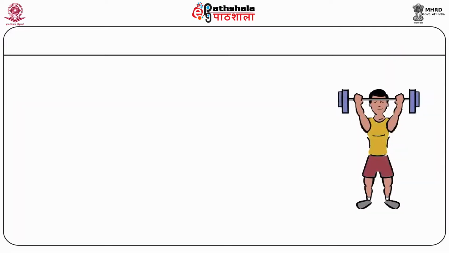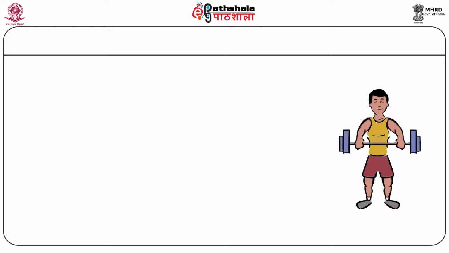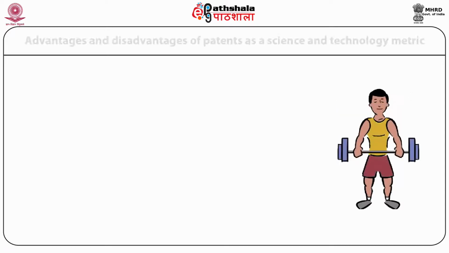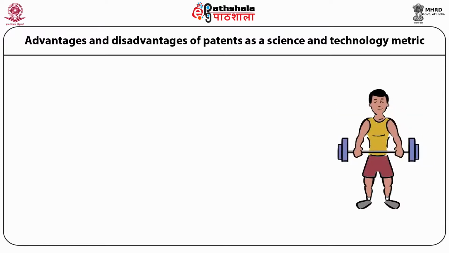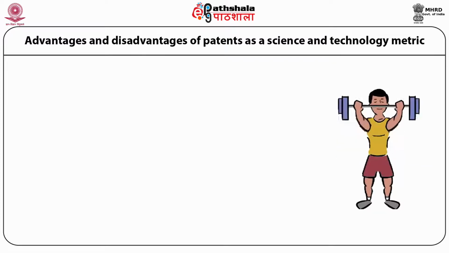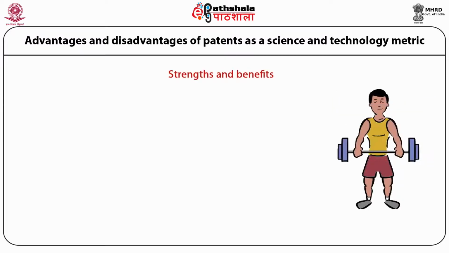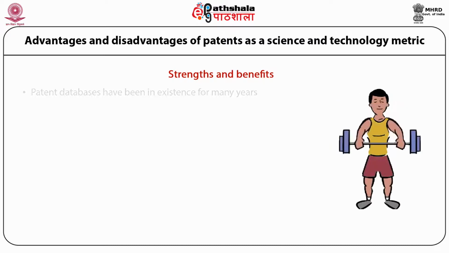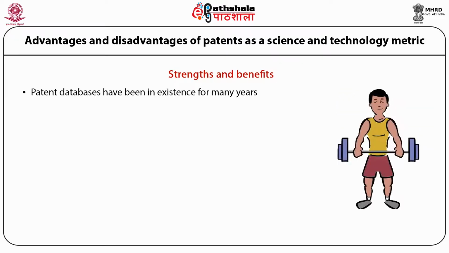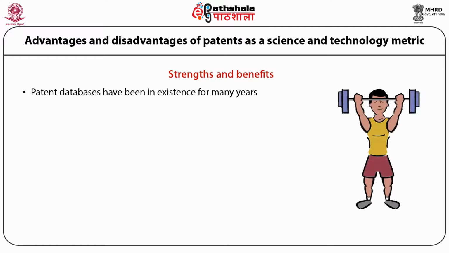Friends, it is now time to look at the advantages and disadvantages of patents as a technological indicator. Here I have given the table to highlight the strengths and benefits of a patent as a technological indicator. Patent databases have been in existence for many years.